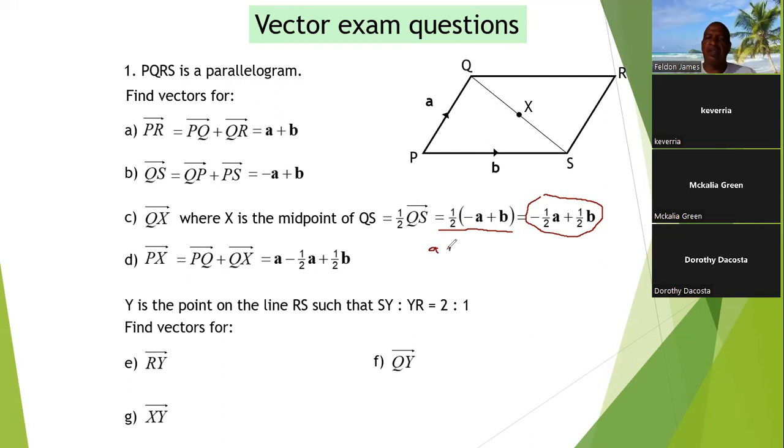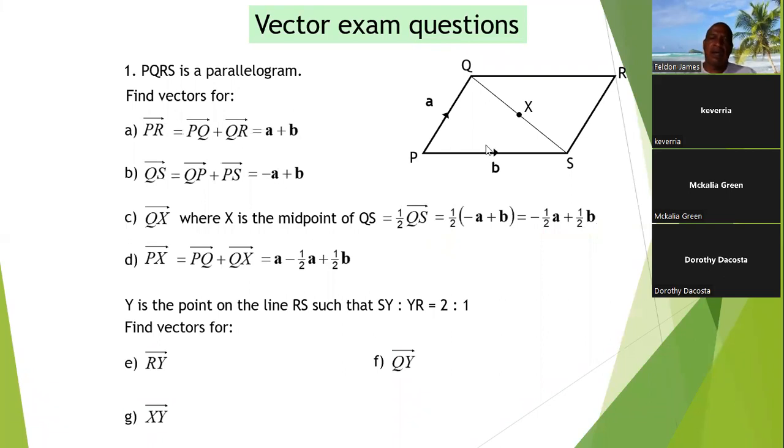So A plus half brackets minus A plus B. And that would be good. So this would be the same thing as that, right? No problem.